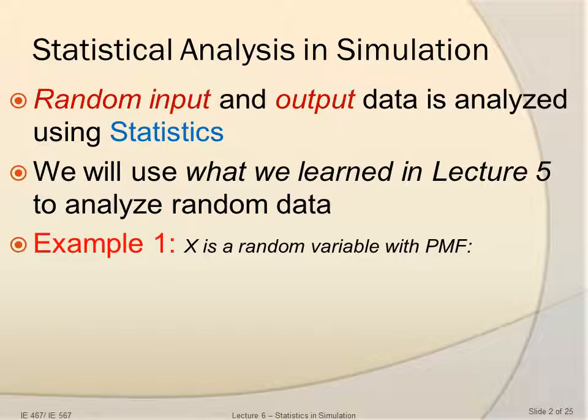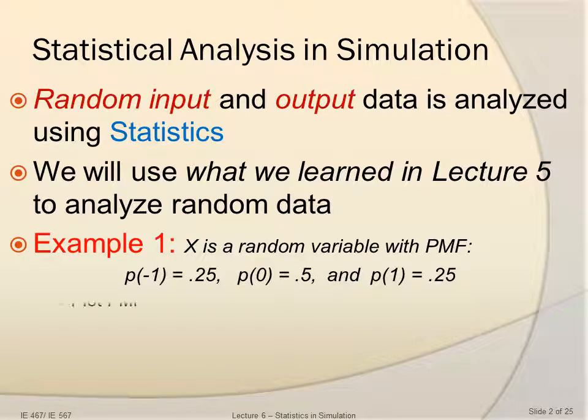Example 1. Consider a random variable with a probability mass function. It has three values: -1 with corresponding probability 0.25, 0 with corresponding probability 0.5, and 1 with corresponding probability 0.25.